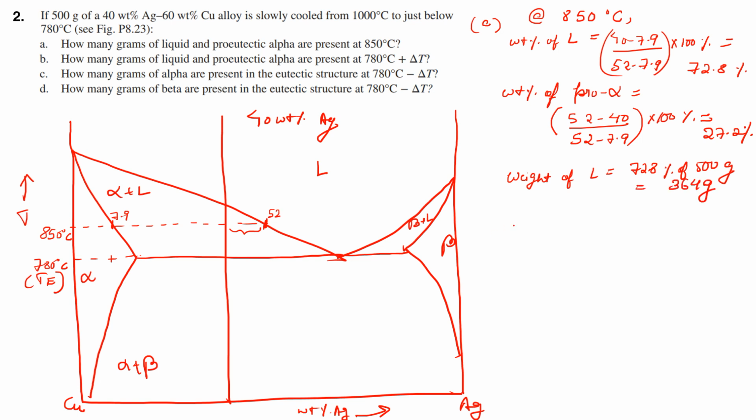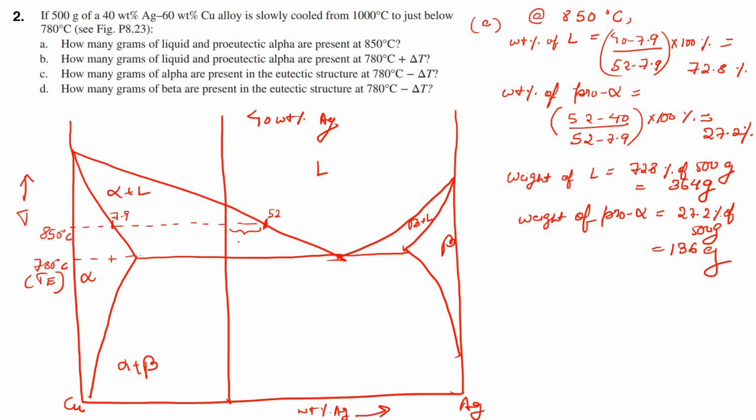Okay. Similarly, the weight of pro alpha, the primary alpha, can be given as 27.2% of 500 gram, which is 136 grams. Okay, this is the answer to this bit.